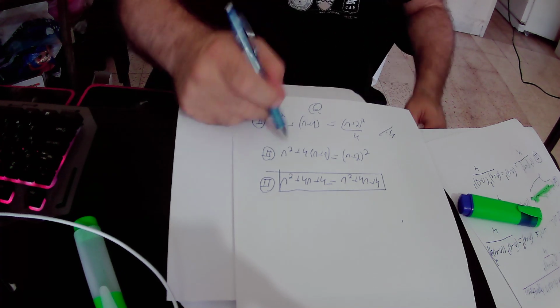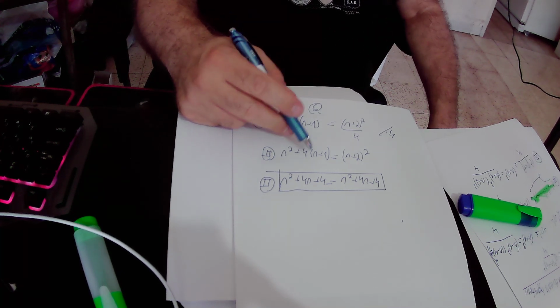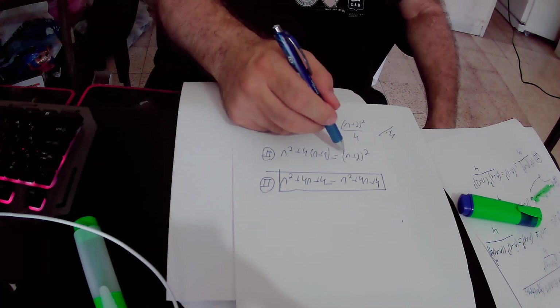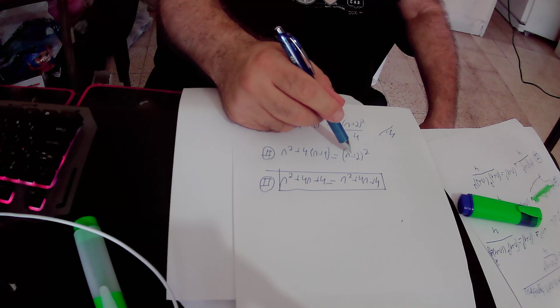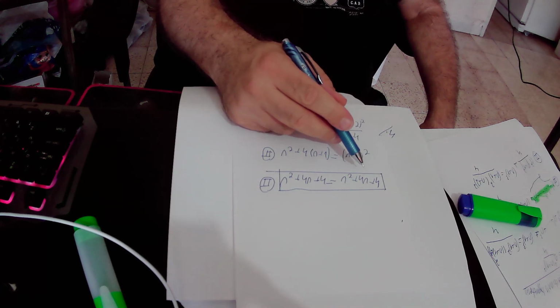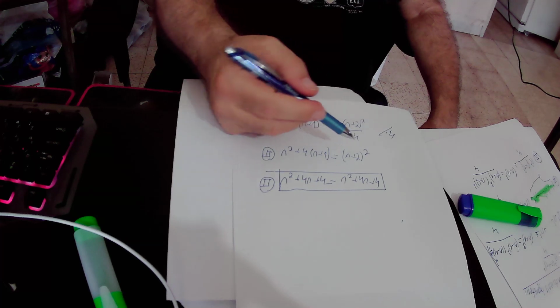So after we open the brackets, we got that n² plus 4n plus 4 equals (n+2)², which is n² plus 4n plus 4, according to the formula that (a+b)² equals a² plus b² plus 2ab.